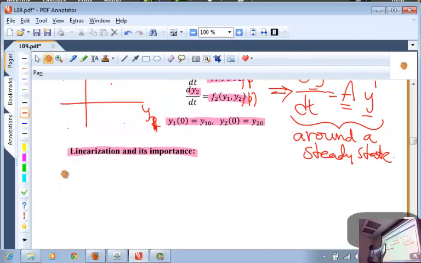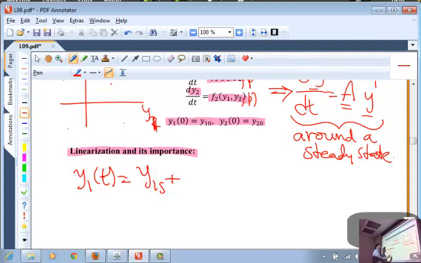We're going to say that y1 of t is going to be equal to y1s plus y1 prime of t. Okay. So the state y1 depends on the steady state value plus a departure from the steady state.